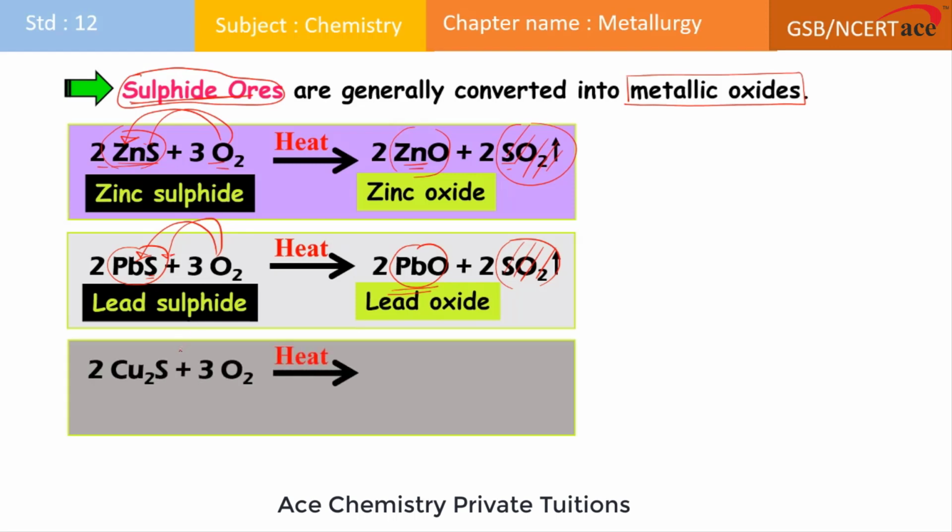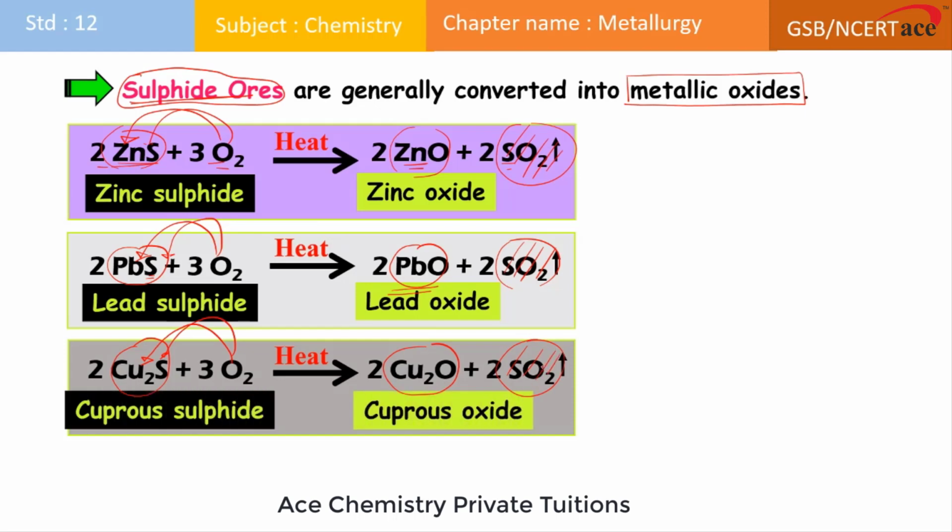We can check some more examples also, student. Copper is also present in the form of sulphide. It's copper 1 sulphide. If it is heated in excess of air, this oxygen combines with the metallic part as well as the sulphur part. So it forms copper 1 oxide as the residue, and the volatile impurity formed is sulphur dioxide.